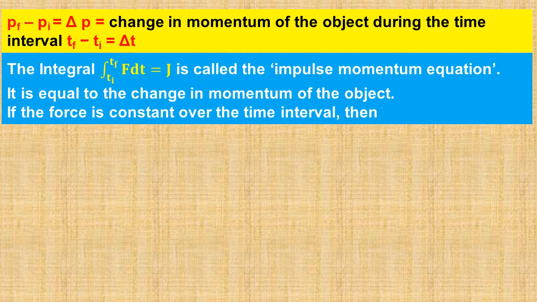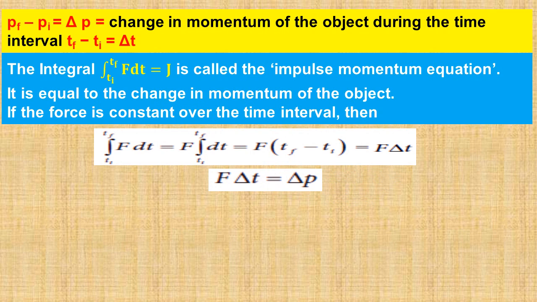If the force is constant over the time interval, then the integral of F dt from ti to tf is equal to, let us take F as common out of the integral, F times the integral from ti to tf of dt, which is equal to F times (tf minus ti), which is equal to F del t.